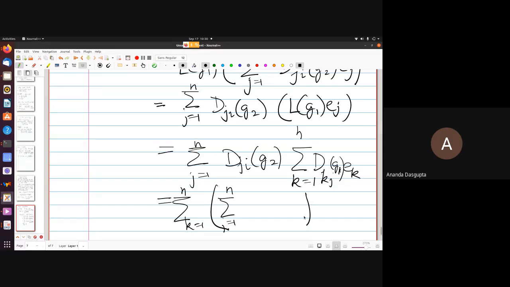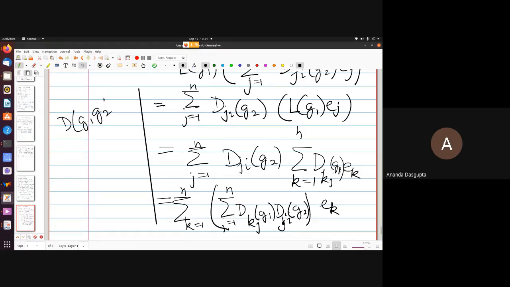Write this as D_kj of G1 times D_ji of G2 times Ek, and the upshot of all this is that D of G1 G2 boils down to D of G1 times D of G2.